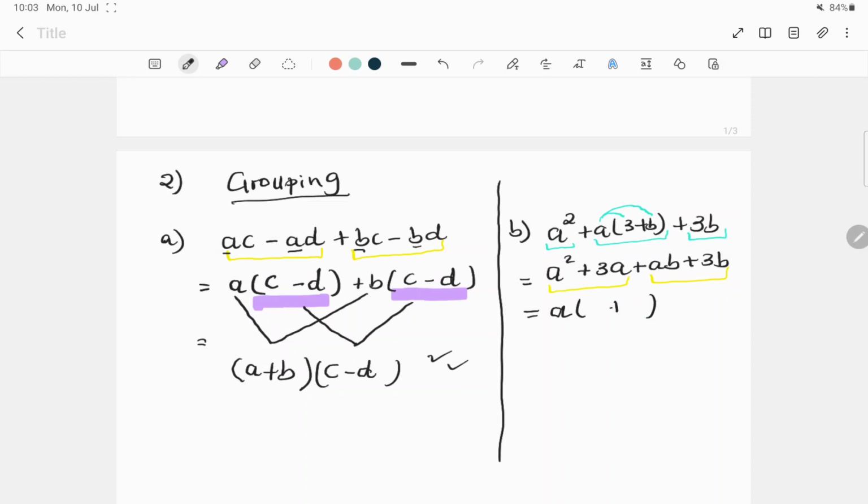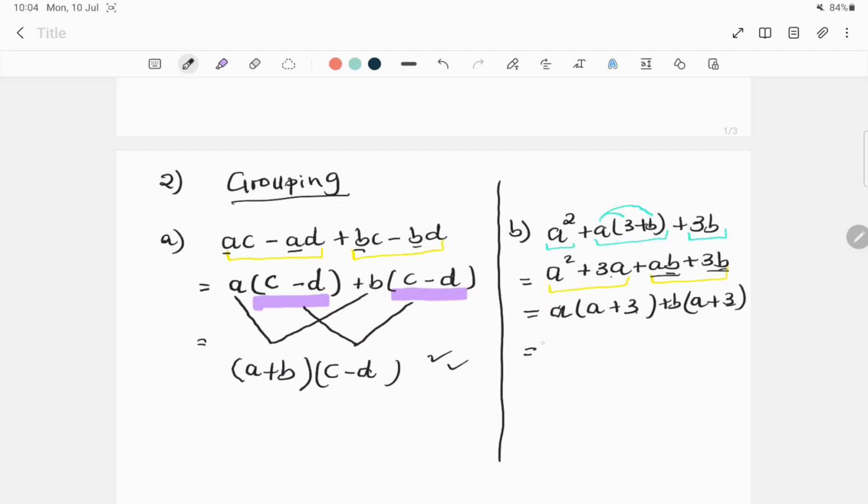Then I will have A plus 3, because A times A is A squared, and A times 3 is 3A. Then here, what is common? It's B. Then remember, this bracket must be the same as that one, so it's going to be A plus 3 also, because B times A is AB, and B times 3 is 3B.